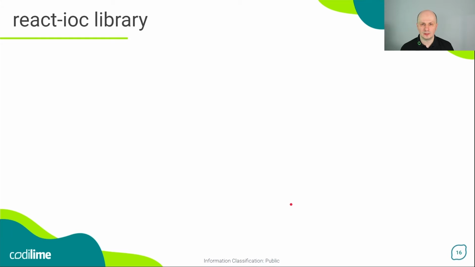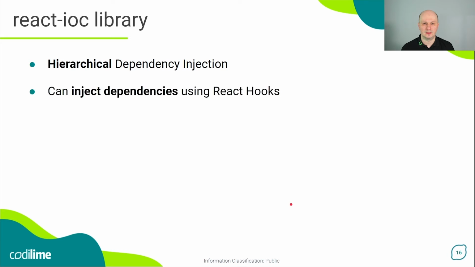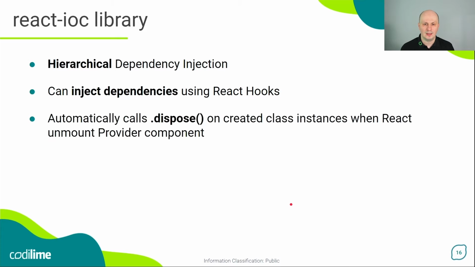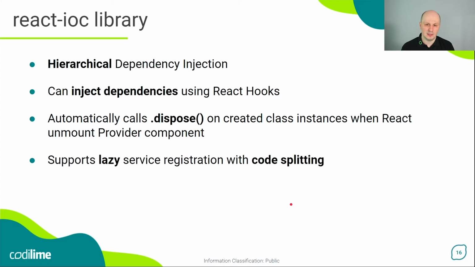The react-ioc library is a helper which implements hierarchical dependency injection, and it can inject dependencies using React hooks and automatically calls the dispose method on created class instances when React unmounts the provider component, and supports lazy service registrations with code splitting.